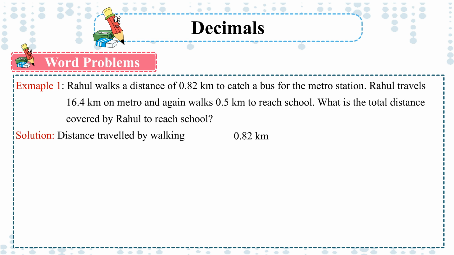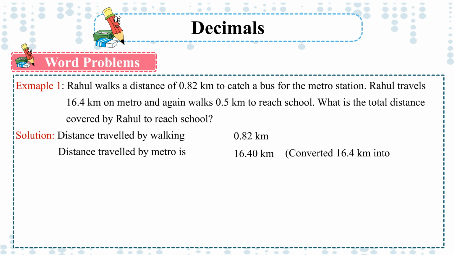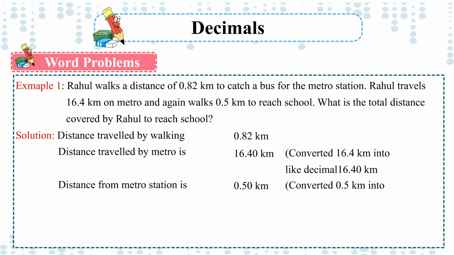Solution. Distance travelled by walking is 0.82 km. Distance travelled by metro is 16.40 km. Converted 16.4 km into like decimal 16.40 km. Distance from metro station is 0.50 km.